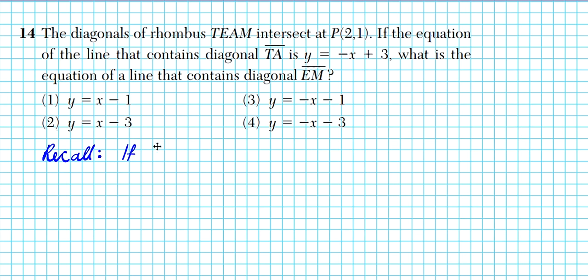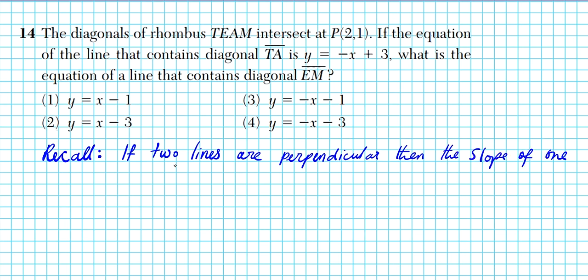If two lines are perpendicular, basically they intersect at 90 degrees, then the slope of one line is the negative reciprocal of the other.